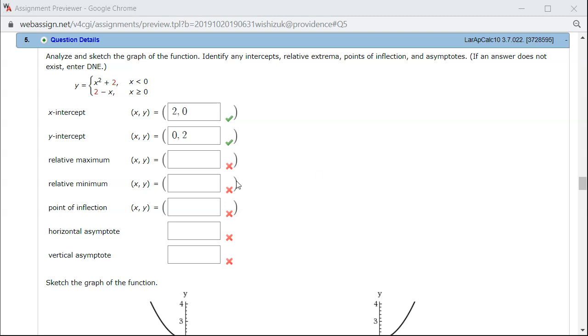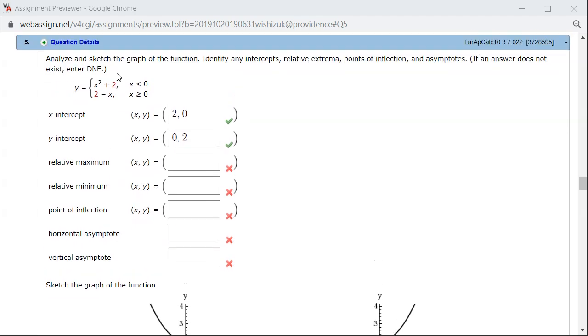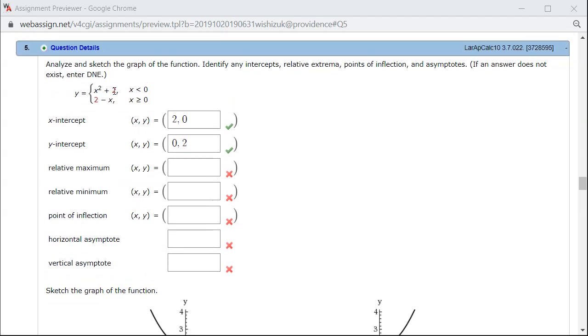Now let's find the relative maximum and the relative minimum. The easiest way would probably be to sketch the picture first. If you draw x squared plus 2, this is just going to be a parabola, and plus 2 will shift it upward 2 units. That's on the negative side.